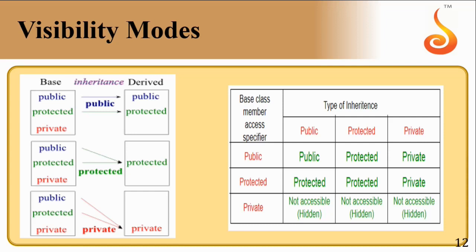Depending on the visibility mode, the data of the base class is placed in the corresponding section of the derived class. Whatever it is, whether public, private or protected access, private data never gets inherited.